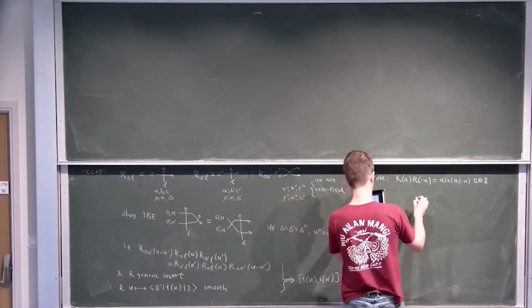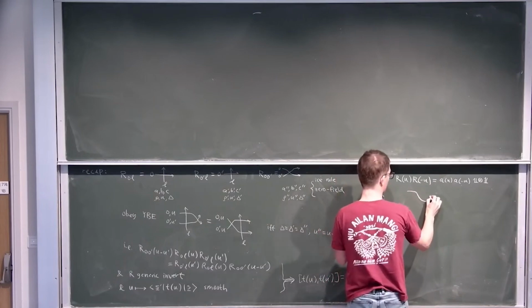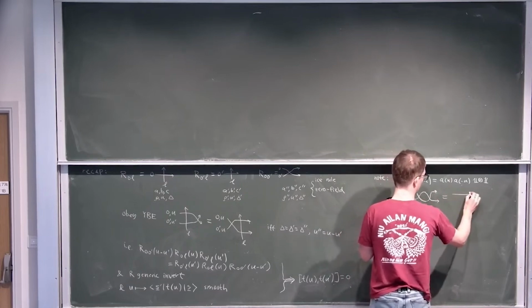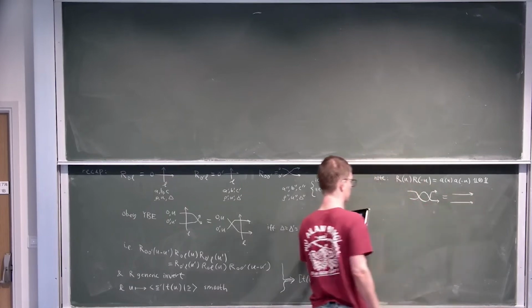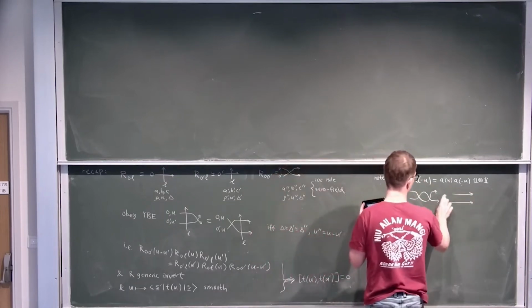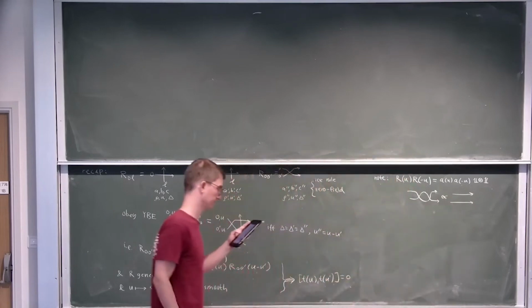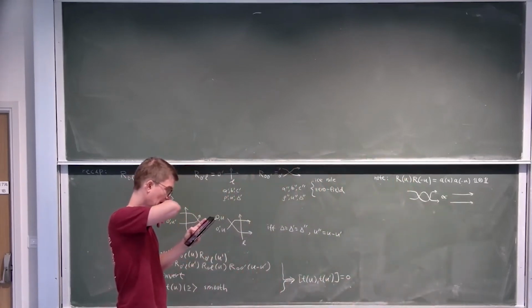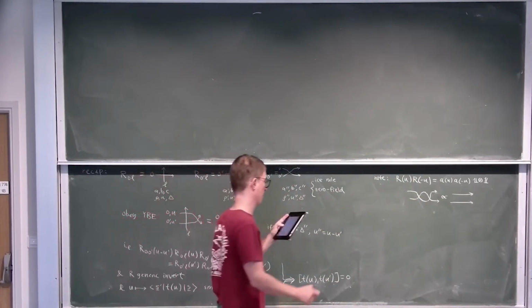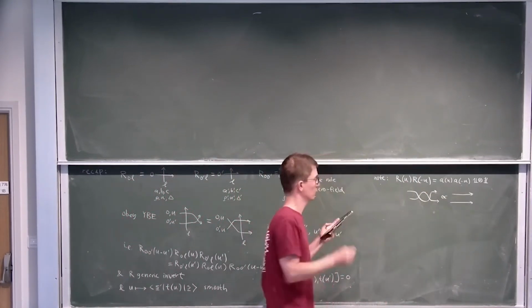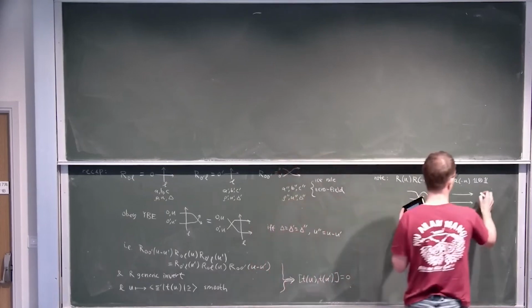Which graphically means that if we have a double crossing of lines, we can just straighten them out, maybe up to a constant that depends on the normalization, so it's proportional. This condition is sometimes called unitarity.